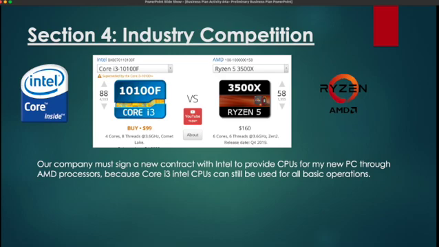As you see, the Intel Core i3 would be $99, while the AMD Ryzen 5 would be 160. Therefore, for my CPUs, I have to choose Core i3 for Intel because this way I will be able to finalize and customize my products at a reasonable price.